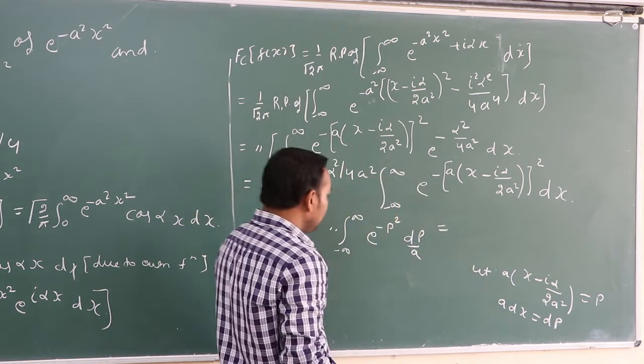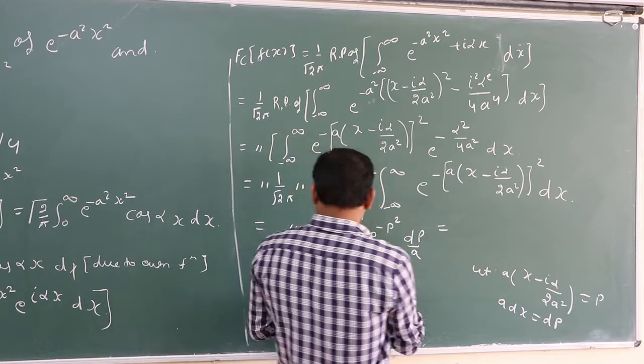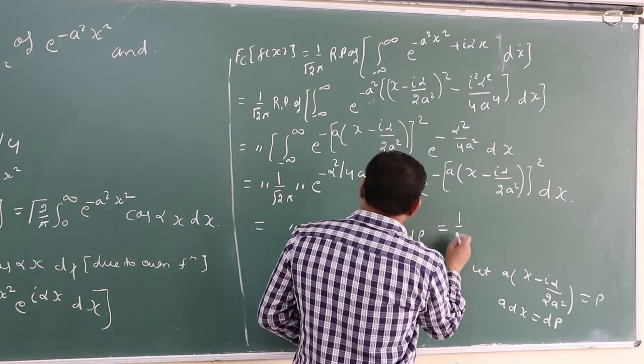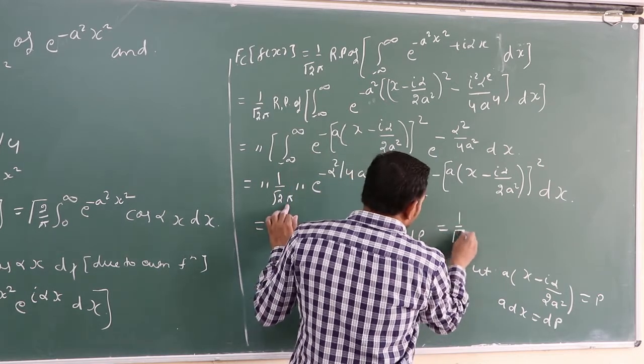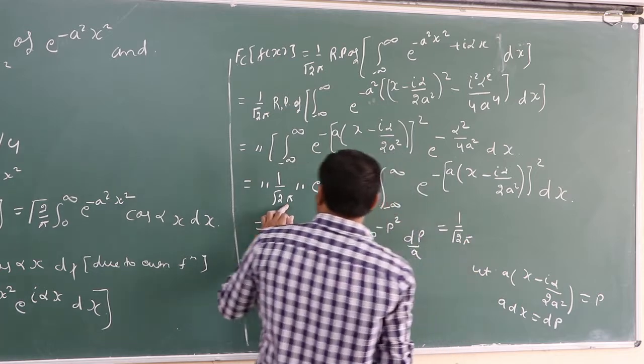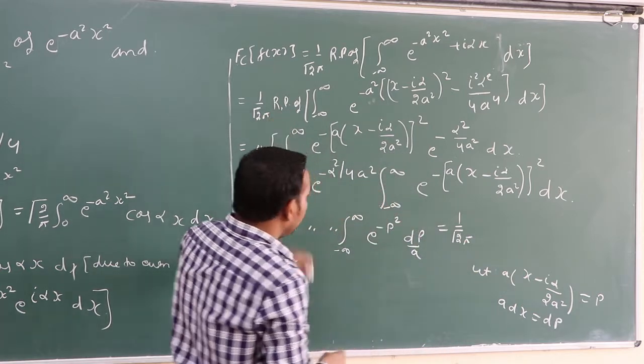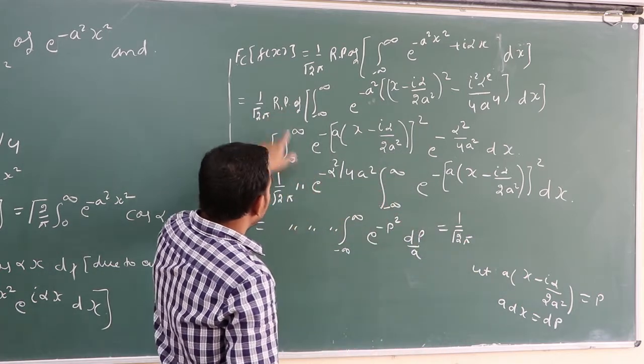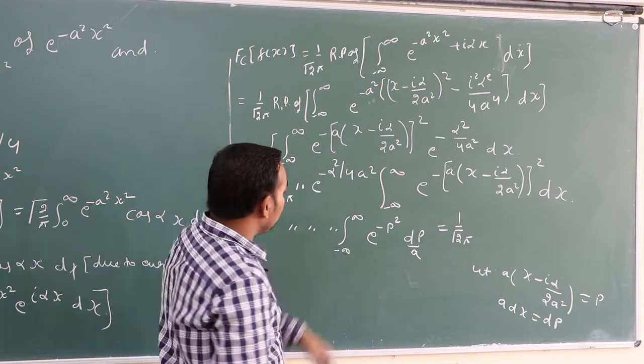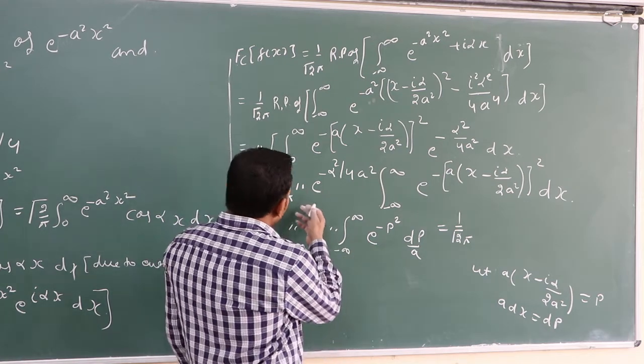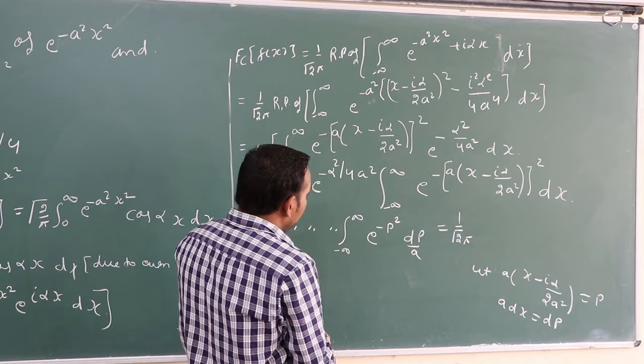So we can write here 1 upon under root 2 pi, and here it is given as real part. There is no complex term, so we do not need to write the real part.